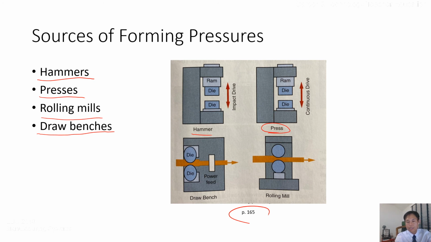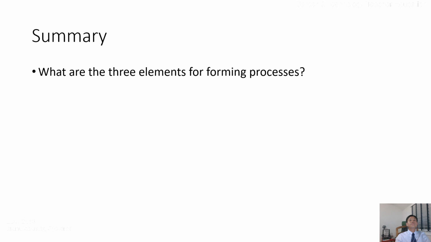The press can be driven by hydraulic force. This draw bench is to create a thin wire, with a die that draws this object and creates thin wires. The rolling mill also creates wires. Those are the sources of forming pressures.